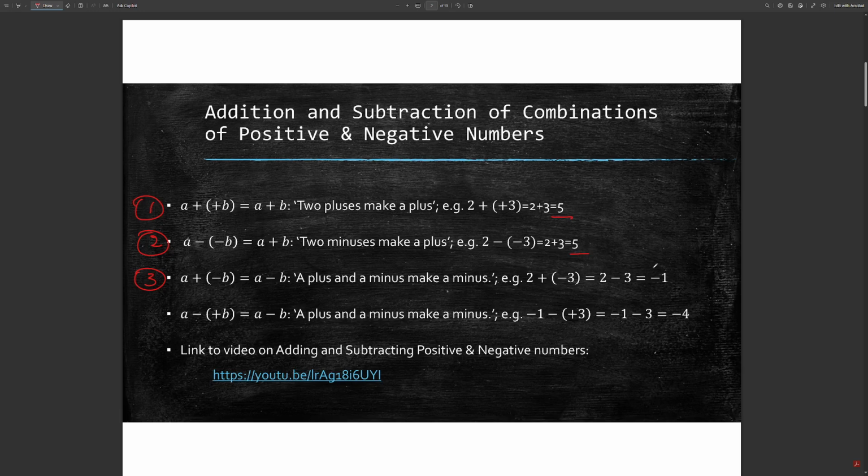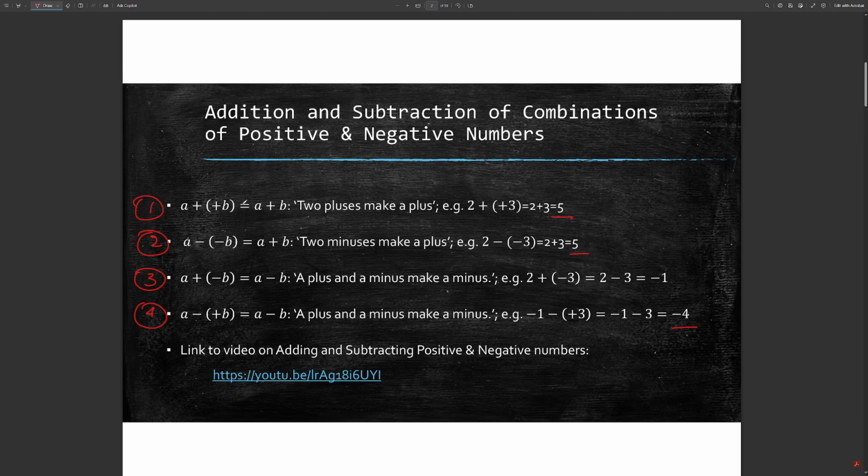We get a negative number here, right? Because this parenthesis just denoted for this negative sign. So we get a minus b. And so 2 minus 3 is negative 1. A positive number here minus from a positive number. So the minus sign stays, right? And we also got a negative number here.